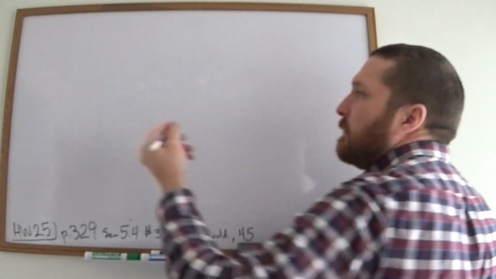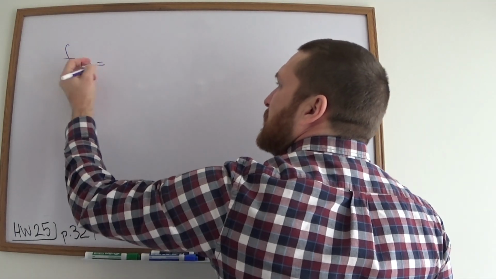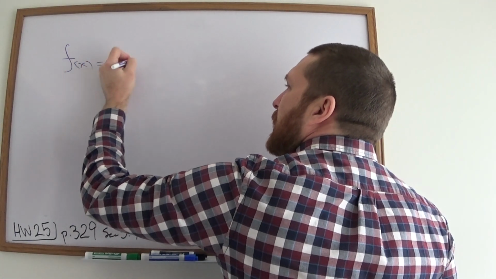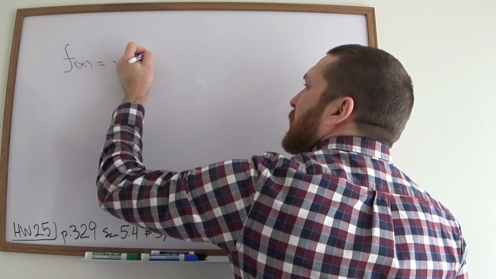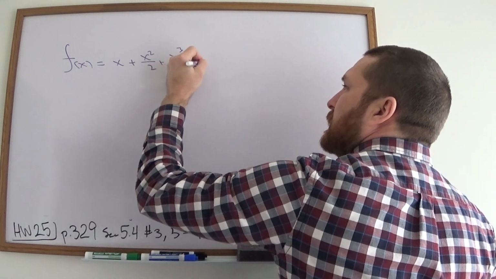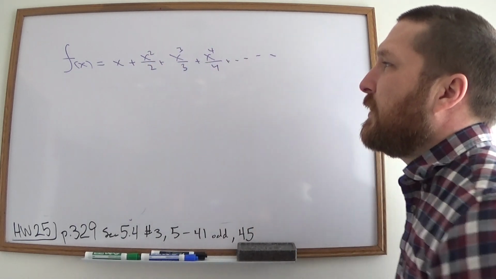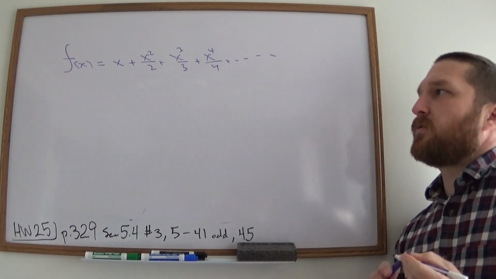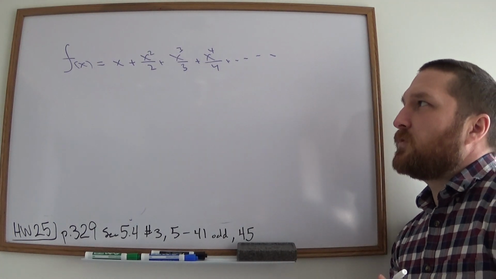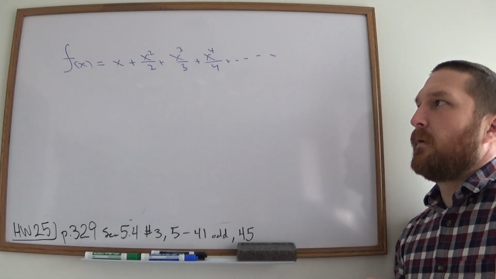Okay, so if I were to just define a series, here's my function: x plus x squared over 2 plus x cubed over 3 plus x to the 4th over 4 and so on and so forth. Now this may or may not be uniformly convergent. My intuition is that it's not.